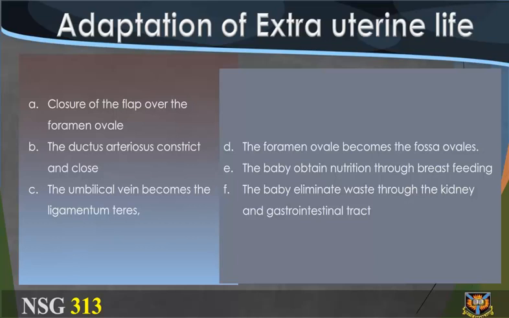D. The foramen ovale becomes the fossa ovalis. E. The baby obtains nutrition through breastfeeding. F. The baby eliminates waste through the kidneys and gastrointestinal tract.